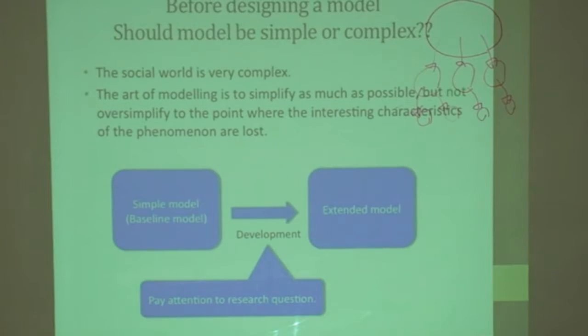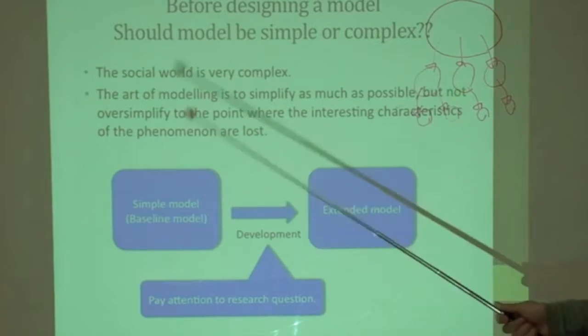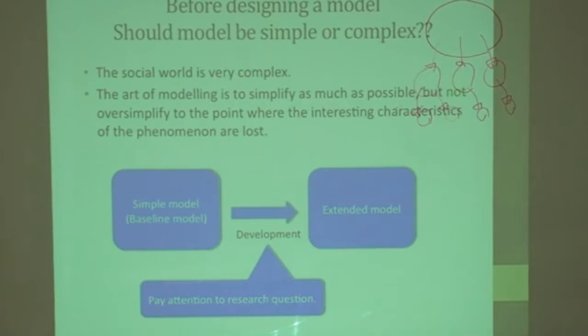And when designing models, should the model be simple or complex? The social world is very complex or very complicated. But the art of modeling is to simplify as much as possible, but not oversimplify to the point where the interesting characteristics of the phenomenon are lost.